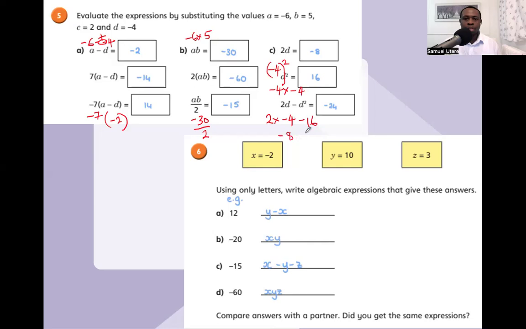Negative 8 subtract 16 is like saying negative 8 on a number line. To subtract 16 means you need to do 16 steps to the left of your number line. Another way of thinking about it is negative 8 add 8 already takes you to 0.